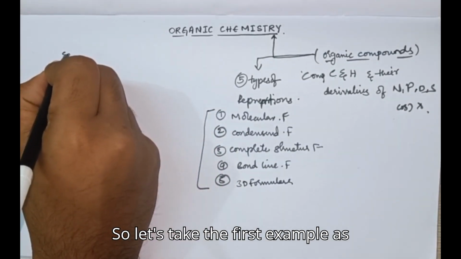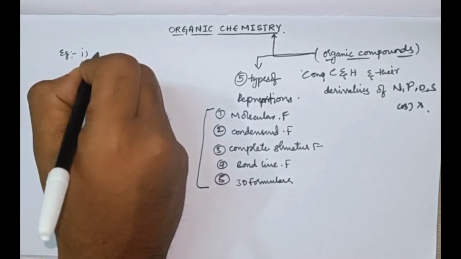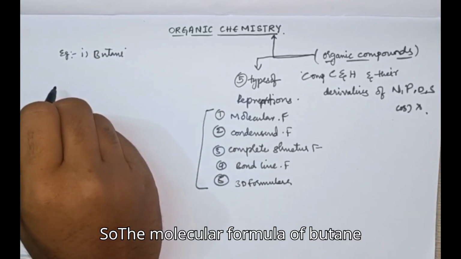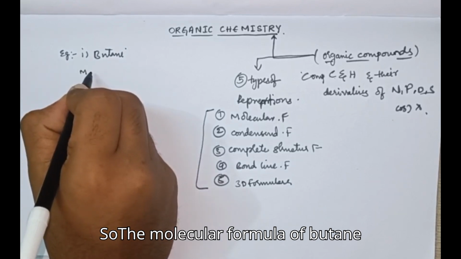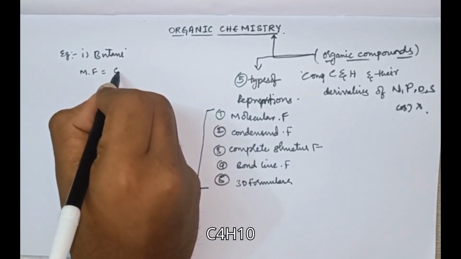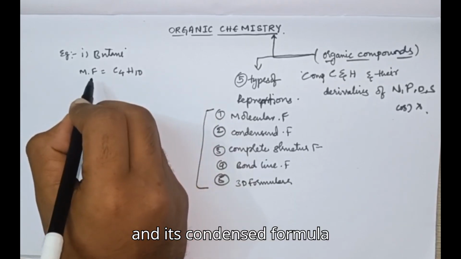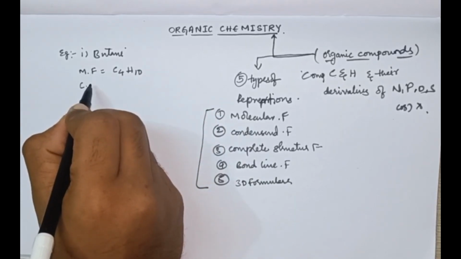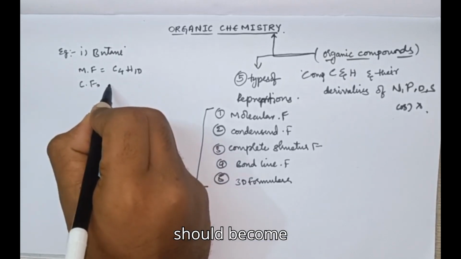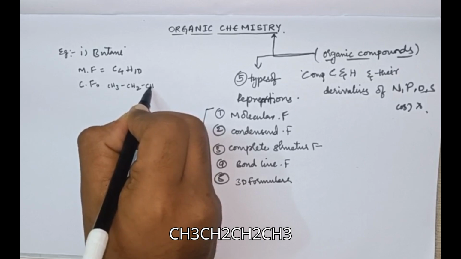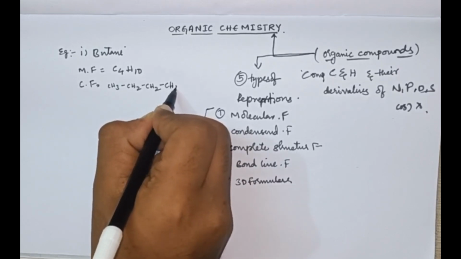So let's take the first example as butane. The molecular formula of butane is C4H10, and its condensed formula is CH3CH2CH2CH3.